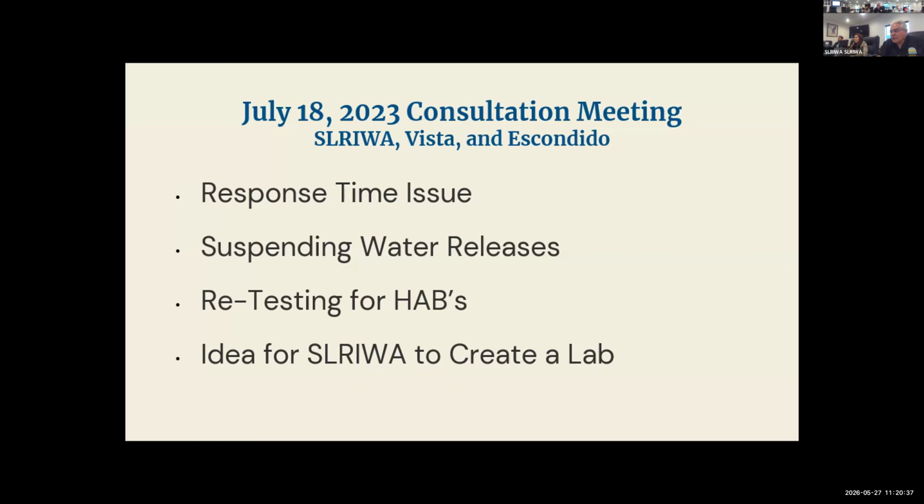That way, because of the vicinity, we could shorten the response time, and if there was a detect, there would be enough time to retest and give the recommendation to release water. Because if there was a detect, this would stop the releases until a negative test was proven.